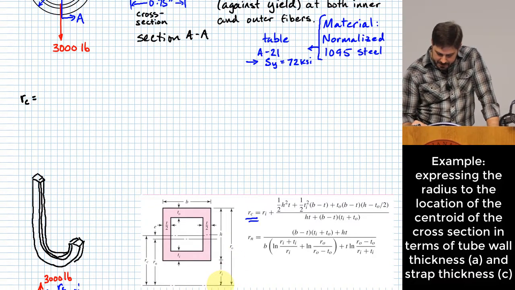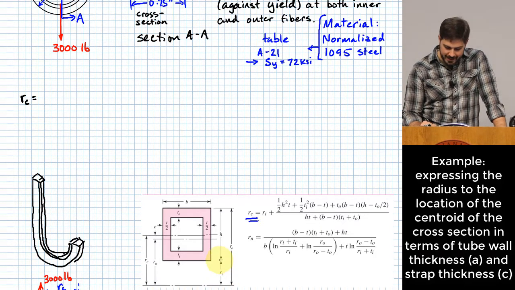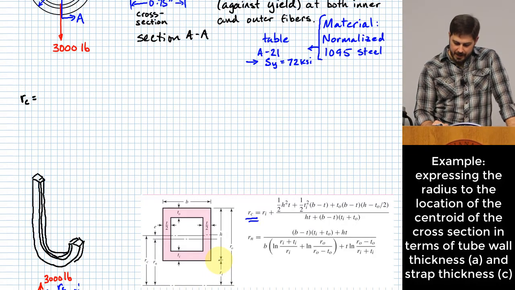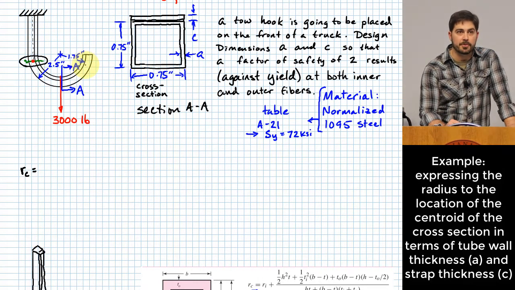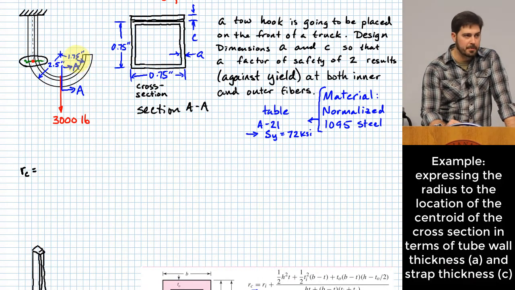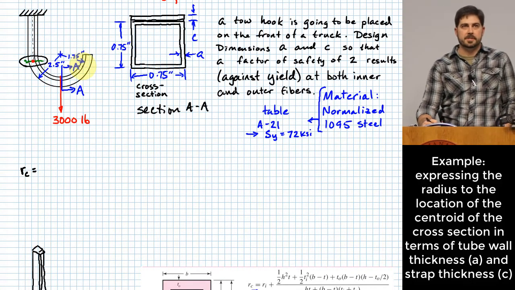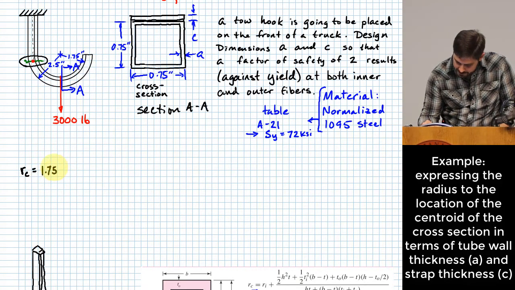RI is the distance from the center of curvature to the inner surface of the hook. So for us, 1.75 inches took us out to this interface. We need to subtract from that whatever thickness we have for the strap. Remember, we don't know that thickness yet. That's what we're trying to solve for. So I'm going to make this 1.75 inches minus C.